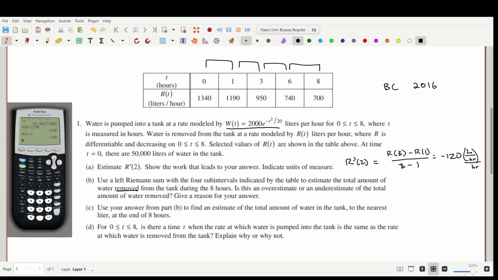All right, so we just do 1340 times 1 plus 1190 times 2. Why times 2? Because the gap here is 2. And it always looks like this kind of shape for left Riemann sum, plus 950 times 3 plus 740 times 2.